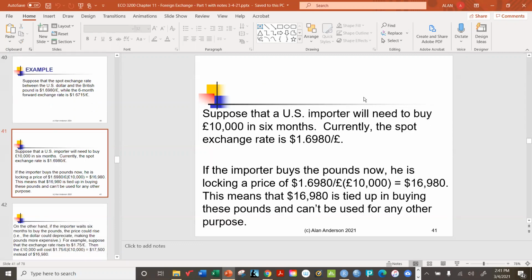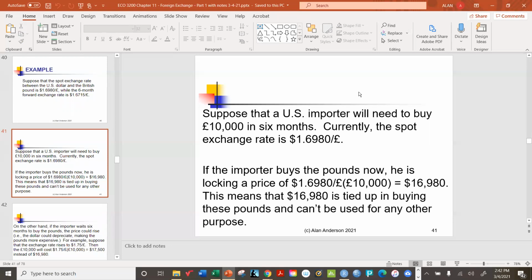Now, we saw that in this particular example, the importer needs to buy 10,000 pounds in 6 months. So he could, like I said, buy them now, but that means he's got to set aside $16,980, which isn't doing a whole lot of good, although in principle, he could invest that or put it in the bank for 6 months. But still, that's a lot of money to be sitting around idle when it could be used for something else.